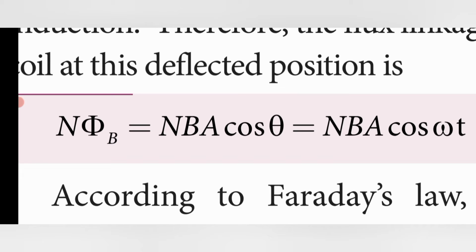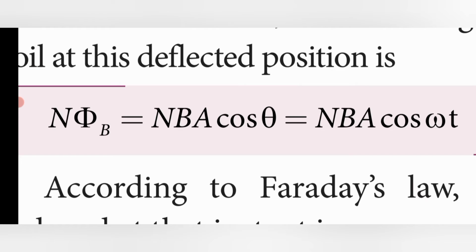Therefore the flux linkage is N phi B, and you know very well that phi is BA. So substituting, the component produced is cos theta, so N BA cos theta. The theta value is omega t, so N BA cos omega t. So this is the first expression.